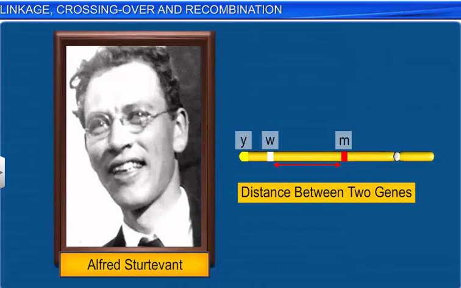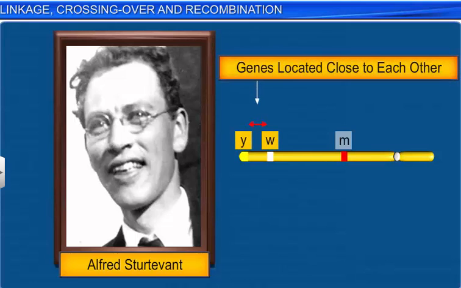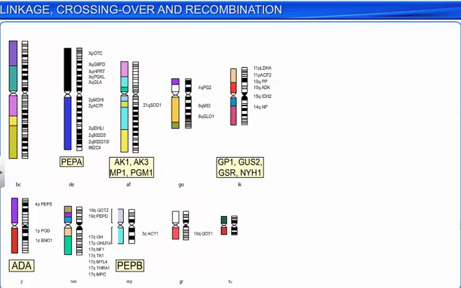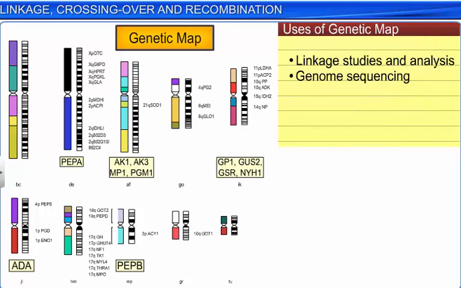For instance, in the experiment we just saw, it is only through mapping that we learnt that genes y and w were located close to each other, and genes y and m were farther apart. Today, genetic maps are being extensively used for linkage studies and analysis, and are a key tool for genome sequencing or discovering the location and identity of genes.